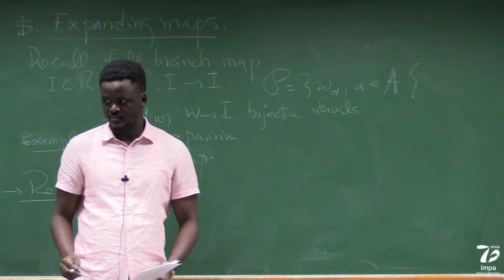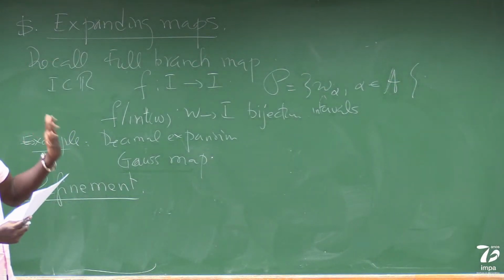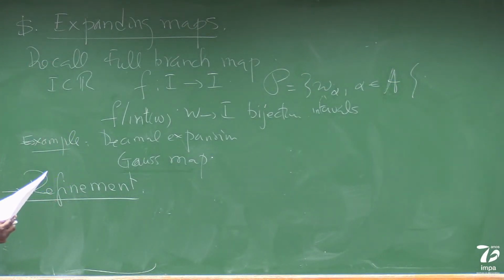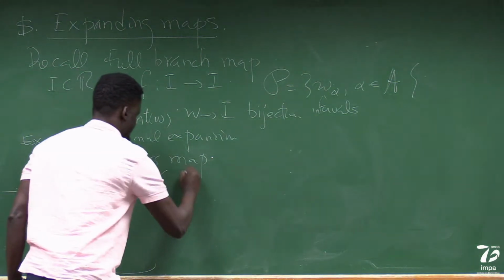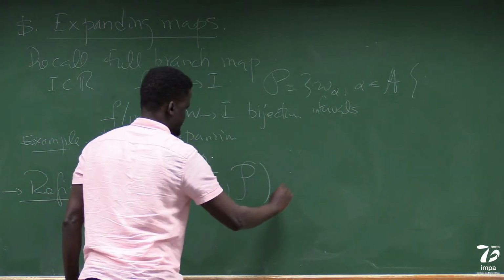When you have a full branch map, I haven't put expanding yet, we have these branches that go to the whole thing. So in general, we have the partition P. Okay, so this is a full branch map.